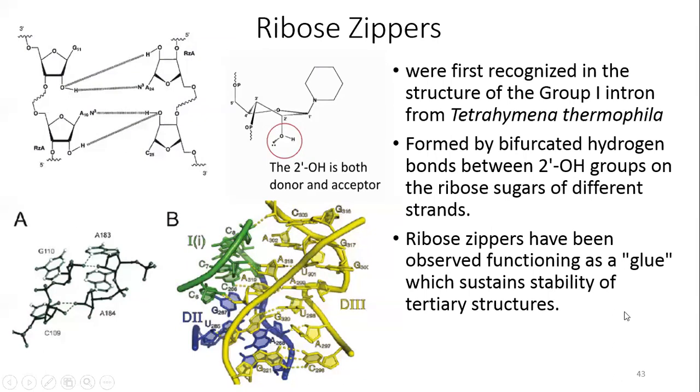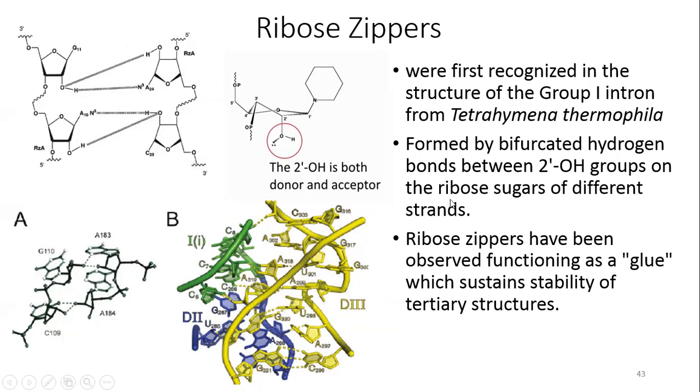Okay, so these ribose zippers have been observed. They might act as something sticky or gluing in nature, which sustains the stability of the tertiary structure. So this kind of hydrogen bonding pattern, we call such a tertiary structure ribose zippers.